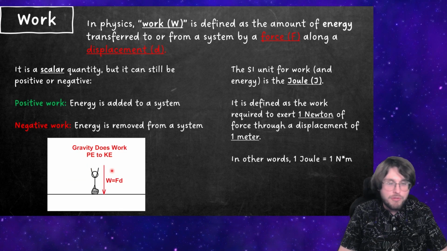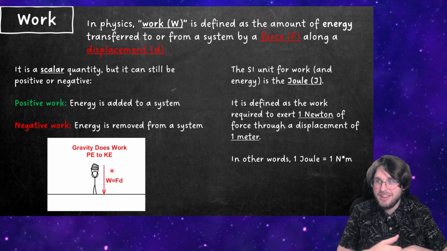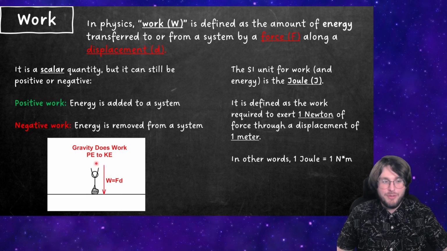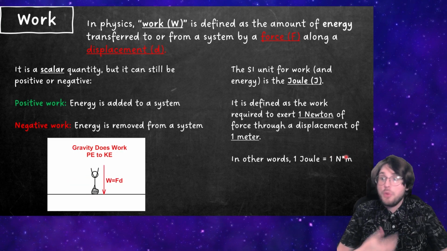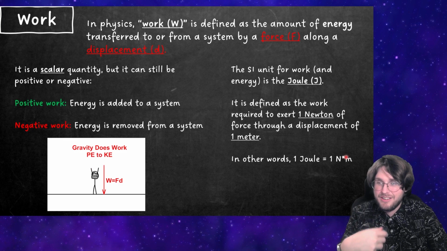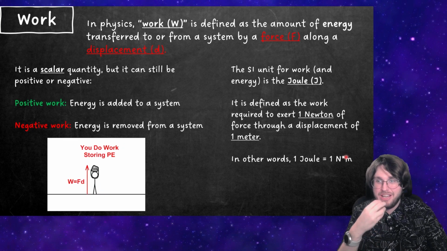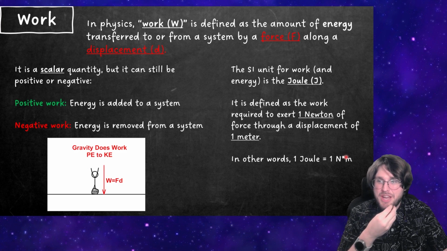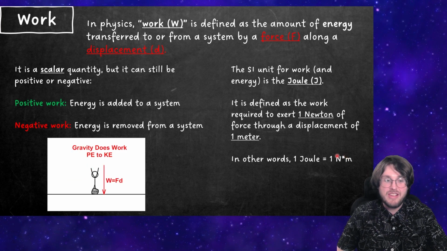And so you can technically define a joule in terms of simpler components, where you could say 1 joule is effectively 1 Newton meter. Note that we actually tend to try and avoid using Newton meters as units of energy, because there's going to be another unit, torque, that we cover in the rotation unit a little later on that uses these exact same units.